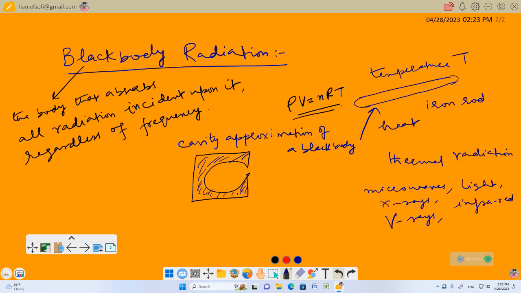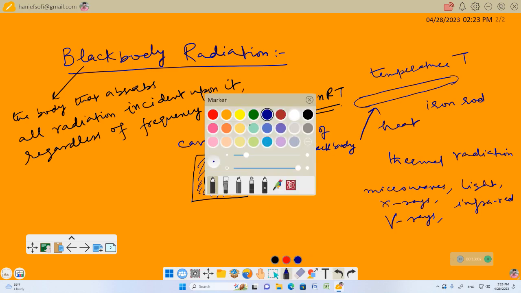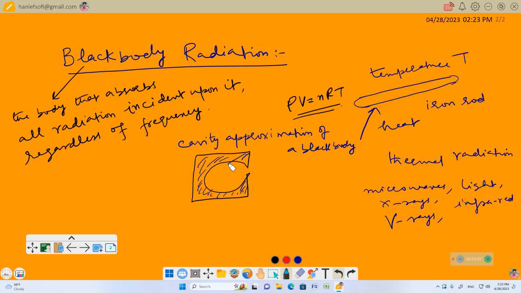Now let me change the color of the pen. Let me use this color for light. If light enters this cavity through this hole, it will be reflected by the cavity walls. First it will be reflected at this point, then at this point, then in some other direction.